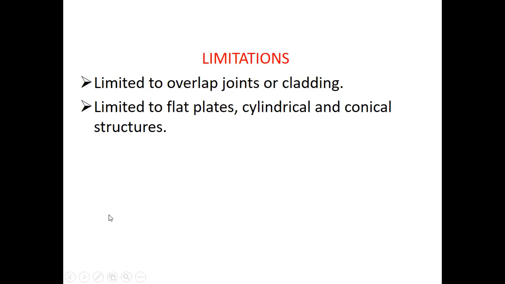Limitations: it is limited to overlap joints or cladding, right? When you're trying to have an overlap joint, this is possible. A butt joint is not possible. We have seen what a butt joint is at the very beginning of this unit, wherein two sheets or two metals are joined head on.